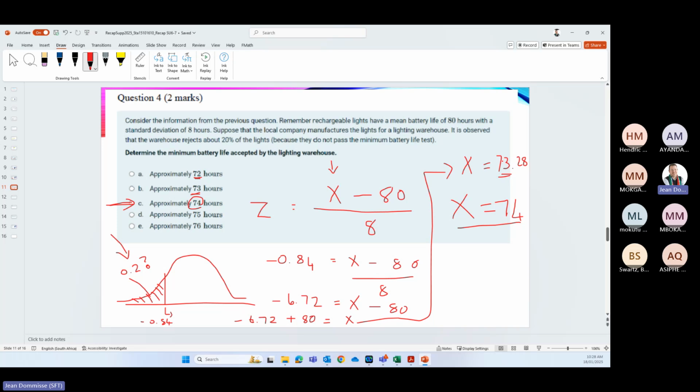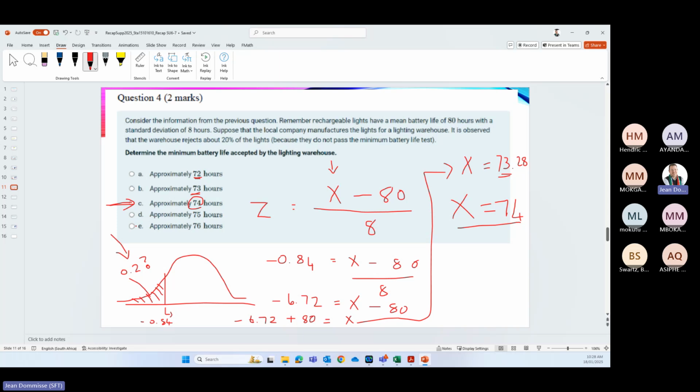And that's why I first wrote 73, because that is how we typically think it, round it off to the nearest number. But that 73 still falls in the rejection area that I'm not going to look at.